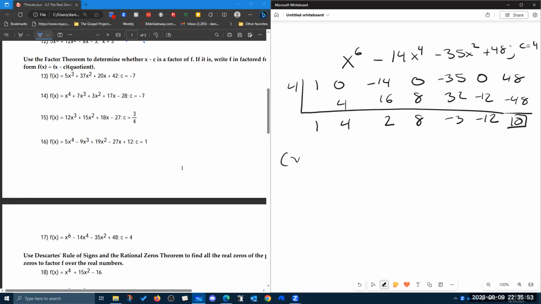So that makes this x minus 4 times x to the fifth plus 4x to the fourth plus 2x to the third plus 8x to the second minus 3x minus 12.